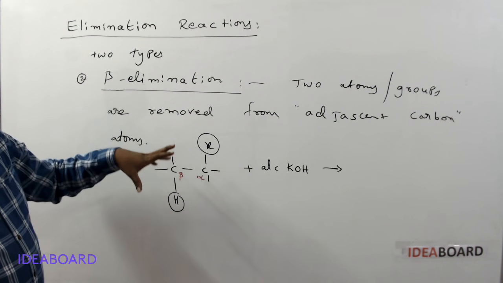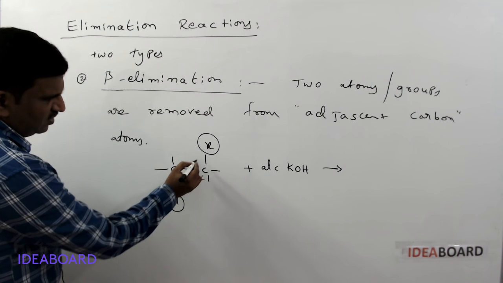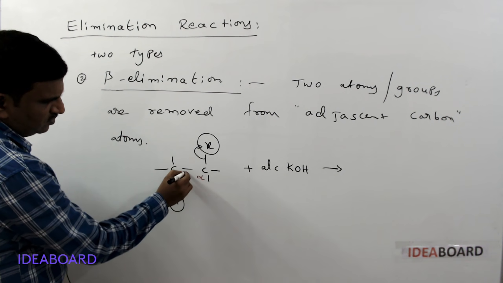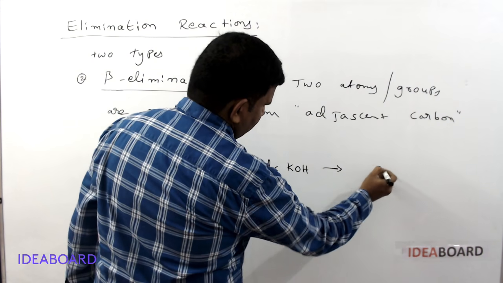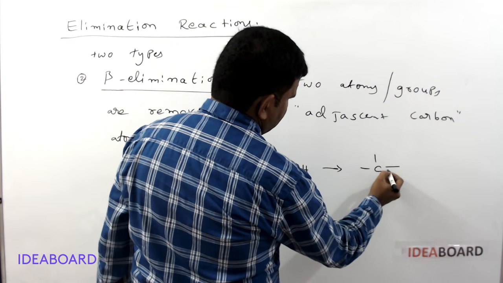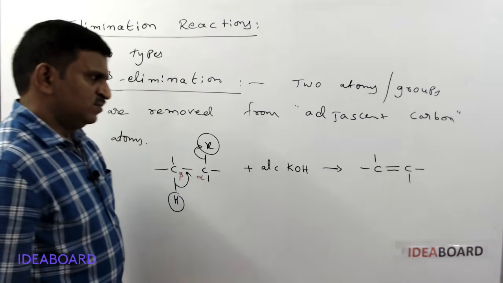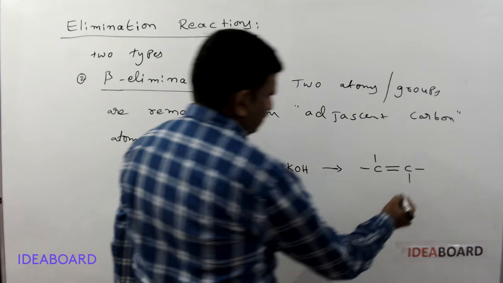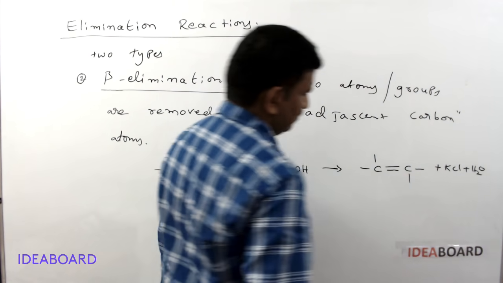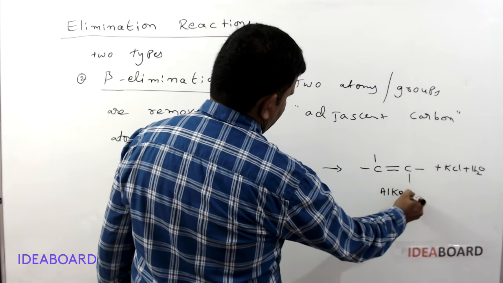If you remove hydrogen here, the halogen takes this pair of electrons, and new bond is formed. So an alkene is formed plus KCl and H2O. Okay, that is an alkene.